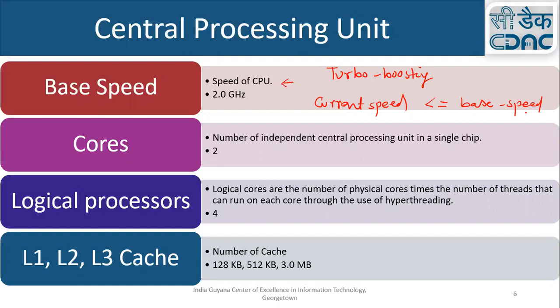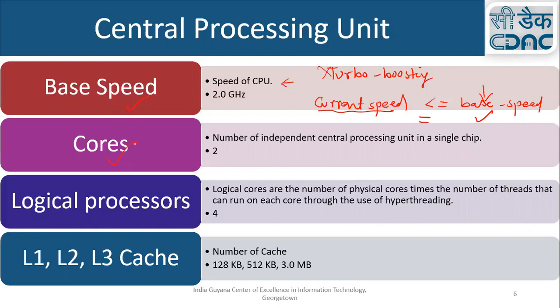Yes. If the load is less, the speed goes down. As the load increases, the speed increases up to the base speed, not more than the base speed. So the base speed is the maximum achievable speed. But if turbo boosting is not available, your current speed is always equal to the base speed. So this is the concept of base speed.